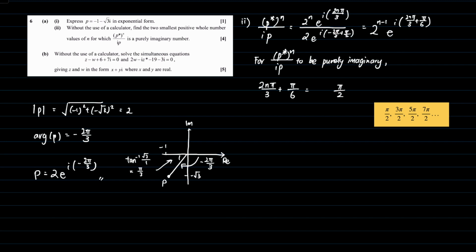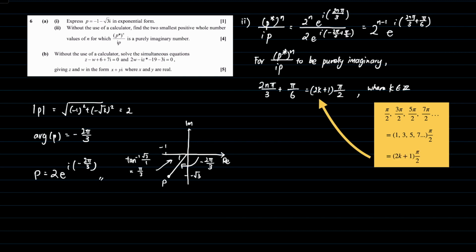So what we can do is to illustrate this relationship by introducing (2k+1)π/2, where k is an integer. If we were to factorize π/2 from π/2, 3π/2, 5π/2, 7π/2, and so on, we will have the expression 1, 3, 5, 7, and so on multiplied by π/2. So that's why we have 2k+1 over here.